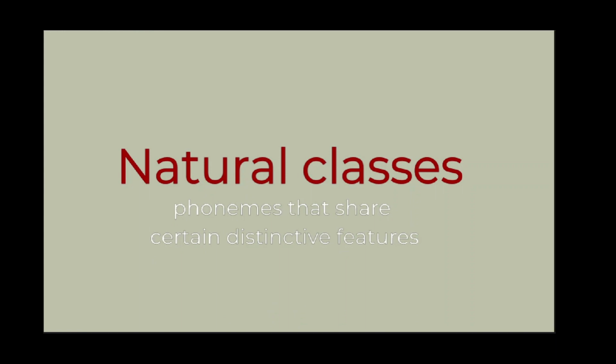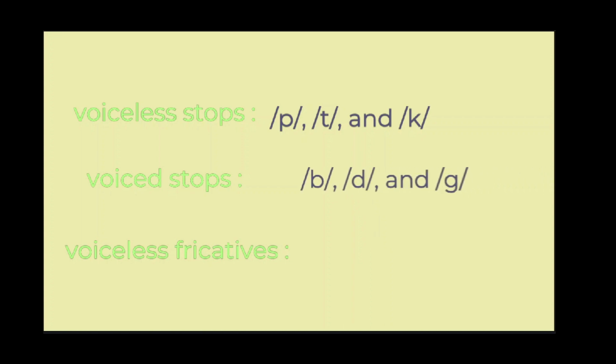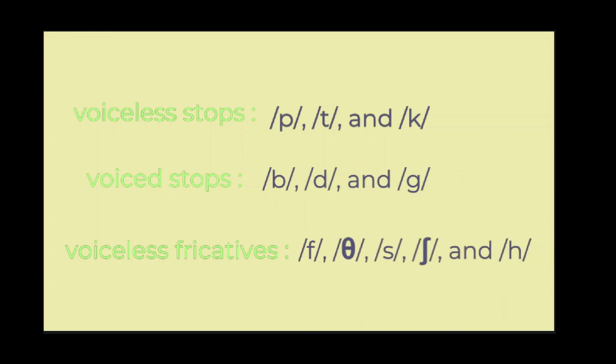some features together. For example, there are voiceless stops, voiced stops, and voiceless fricatives. Voiceless stops such as p, t, and k. Voiced stops as b, d, and g. And finally, voiceless fricatives such as f, th, s, sh, and h.